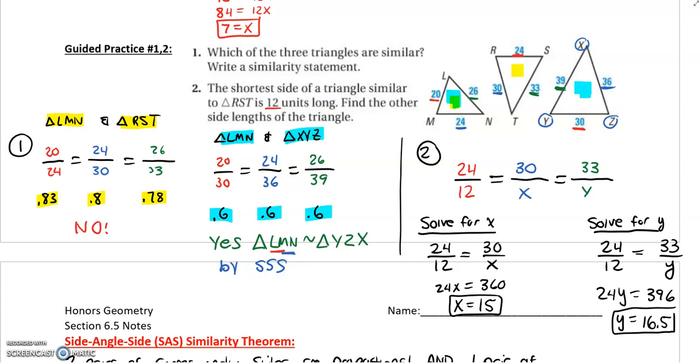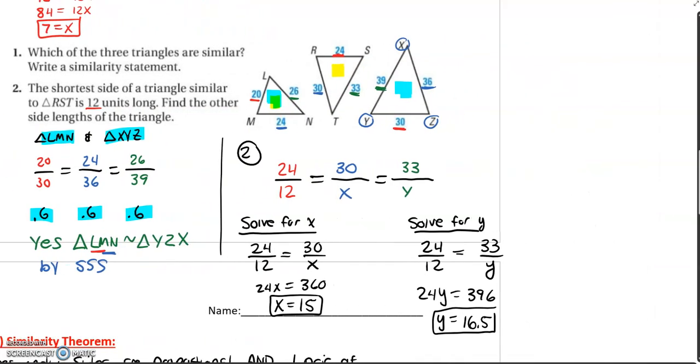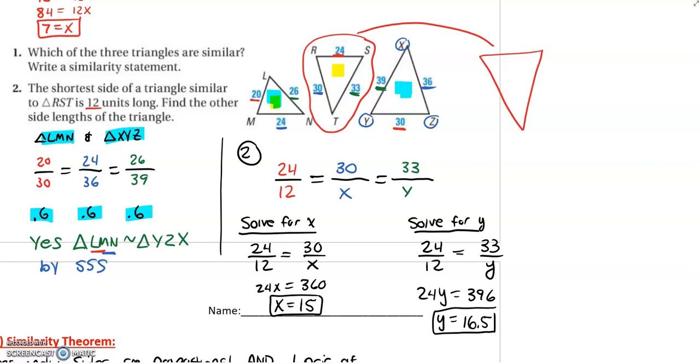For the second example, what we wanted to do was compare RST, so that's this one here that I'm circling, with another triangle that was similar to it that we didn't know much about. The only thing we knew is the shortest side was 12. So the other 2 sides, in this case, this would have been X and this would have been Y. We'll call those our unknowns.